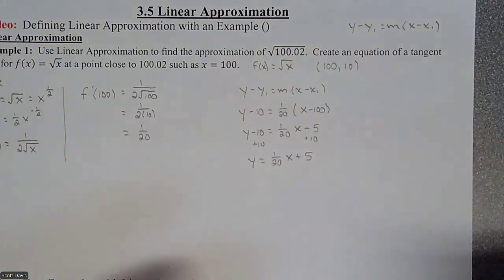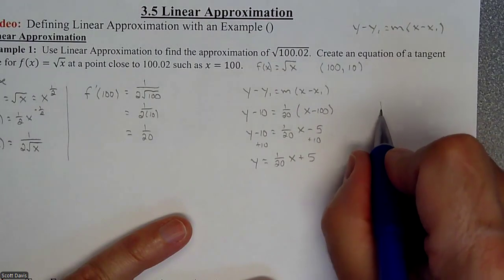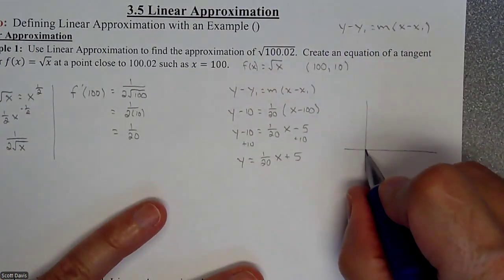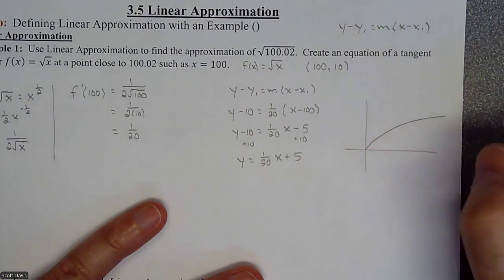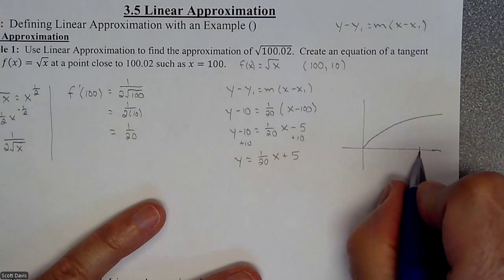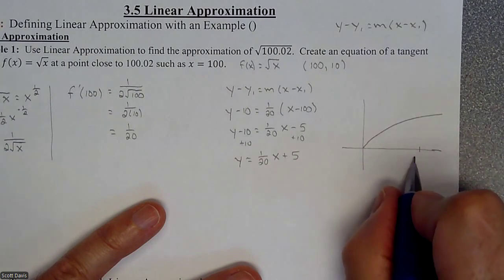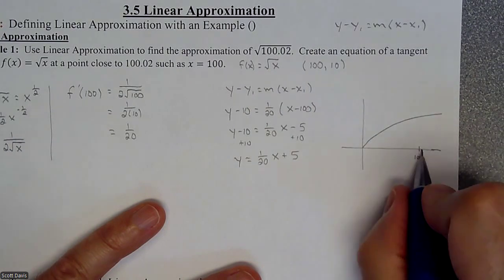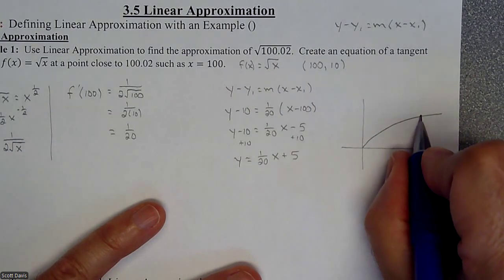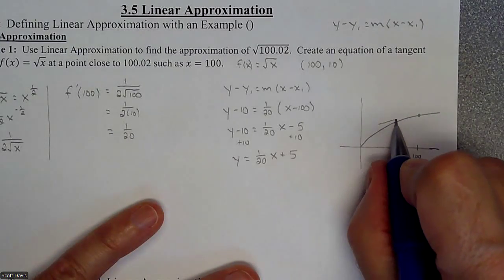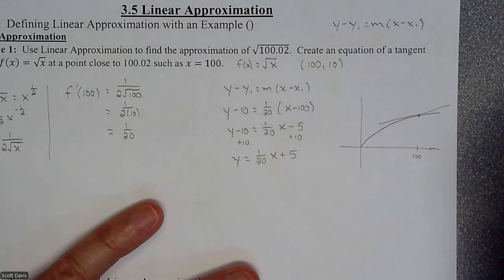Visually, let's talk about what we just did. We're talking about a square root, and a square root has a graph like that. We're sitting out here at 100, and we just created a tangent line at that point.